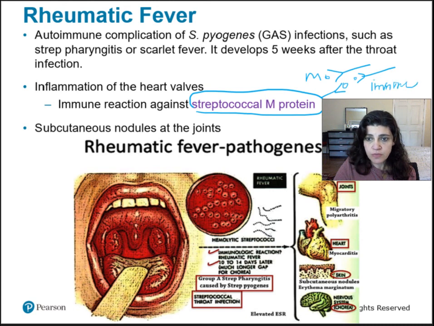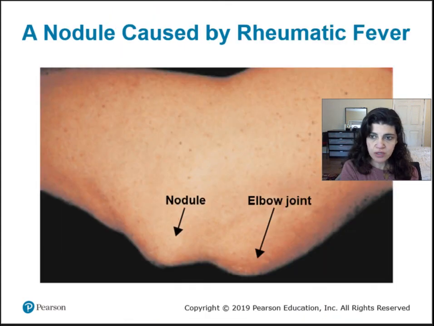Immune complex. These immune complexes start to accumulate in joints and in the legs, for example, in the heart, in the skin, and that causes the rheumatic fever. So you start to see nodules, kind of like this one. You see, this is the elbow, and that's a nodule formed by deposition of immune complexes.